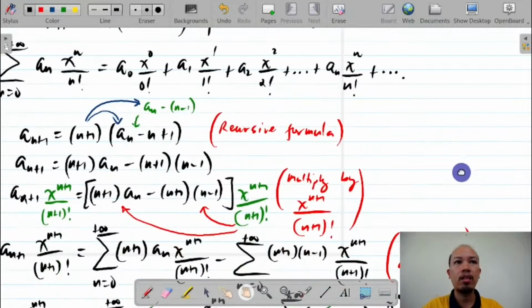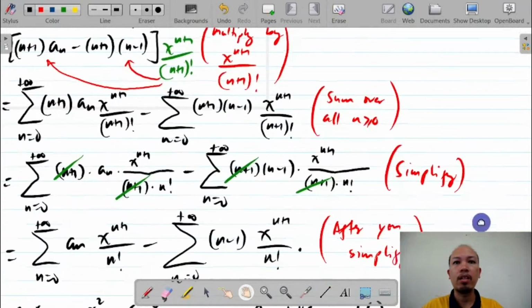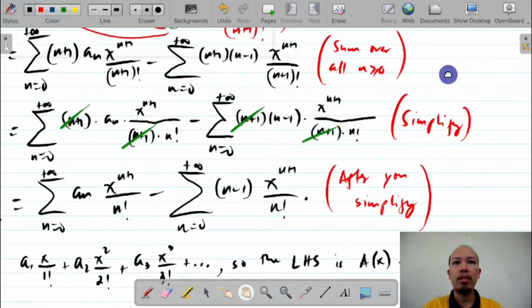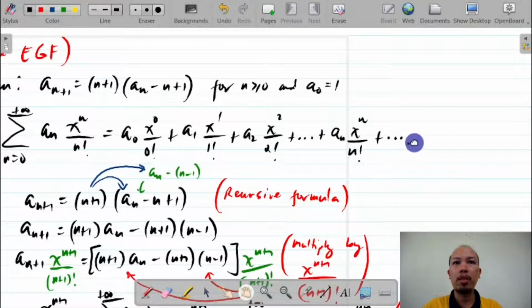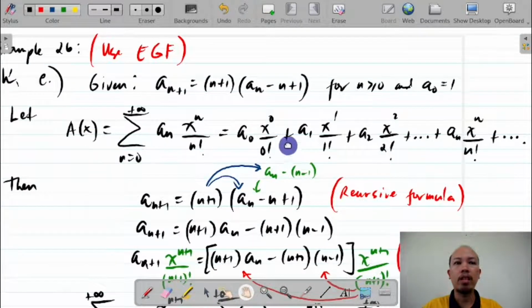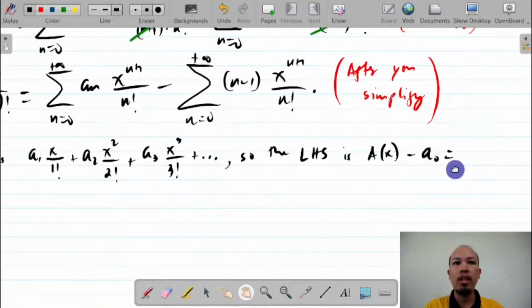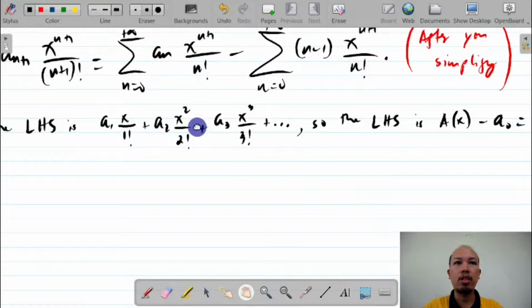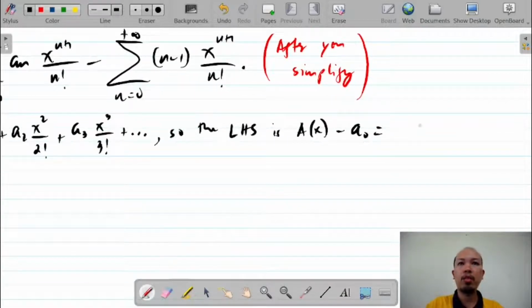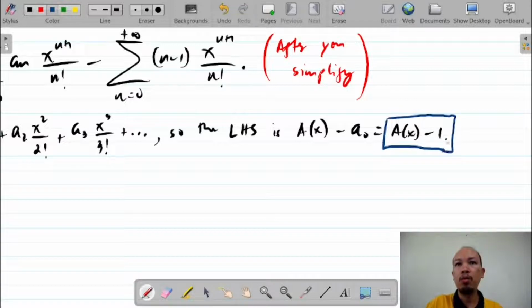So you have to subtract a sub 0 here, so a sub 0 is equal to 1, so what will remain is this expression, a sub 1 x to the 1 over 1 factorial, and as you can see here, this is a of x minus 1, since a sub 0 is equal to 1.